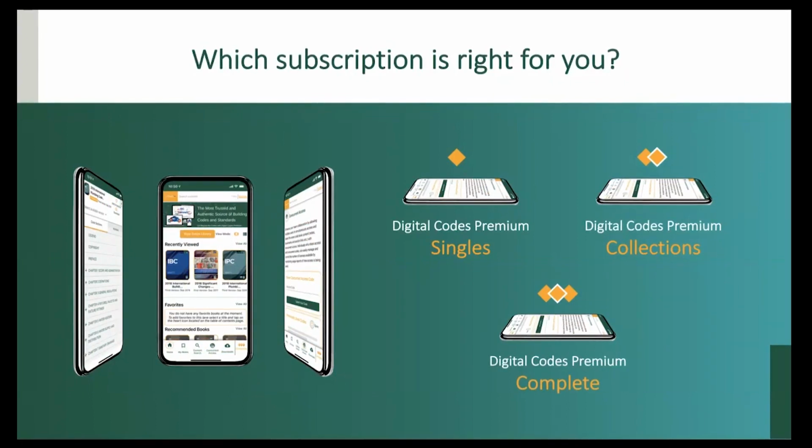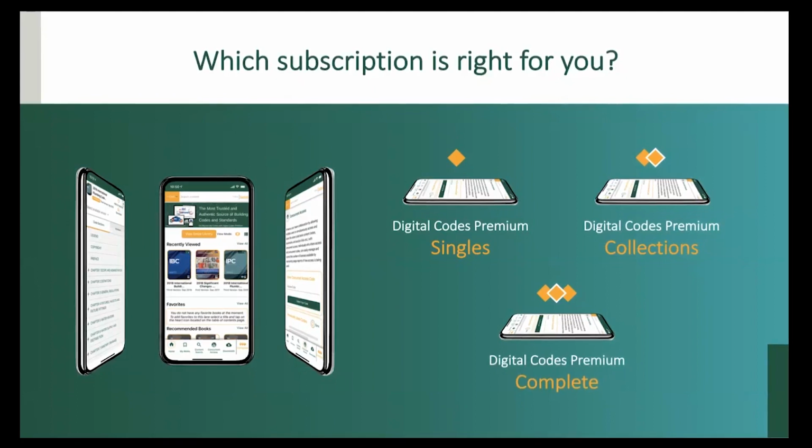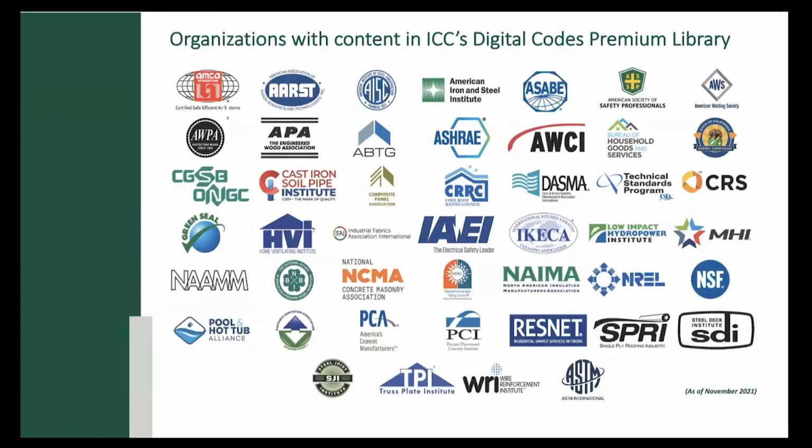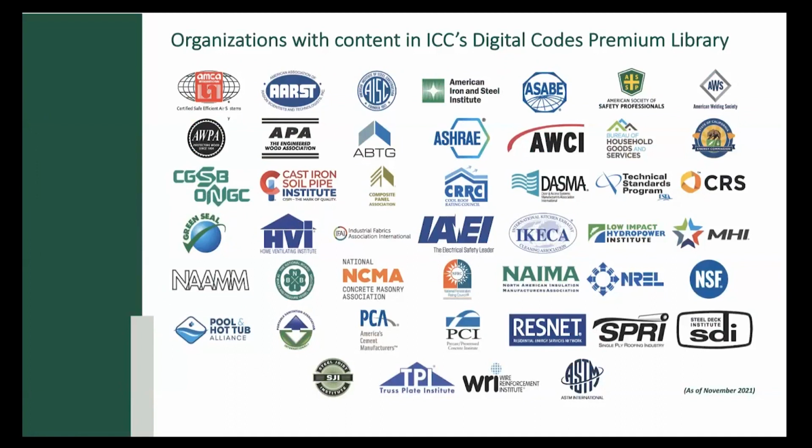And then the final license that we have is the Digital Codes Premium Complete, which currently has about 1,400 titles. We continue to add more content to that subscription every time it becomes available. So that would be the most complete that you would be able to have, which also includes a lot of content from the SDOs that you see listed here.